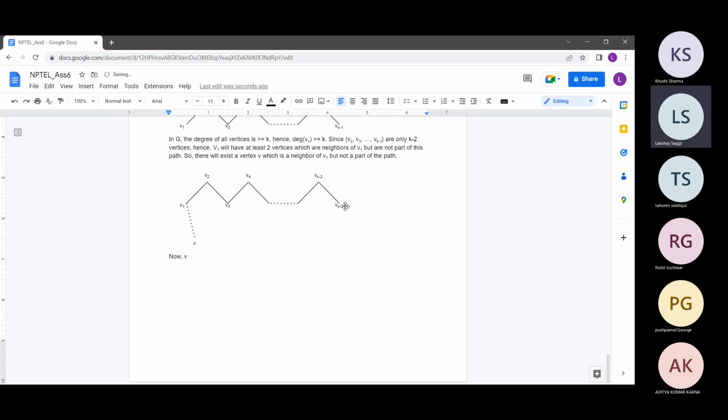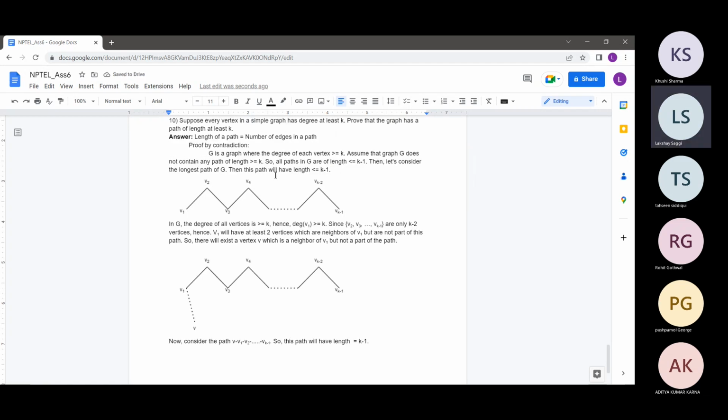I'll just type it down. We now consider the path V, V1, up to Vk minus 1. This path will have length equal to k minus 1.